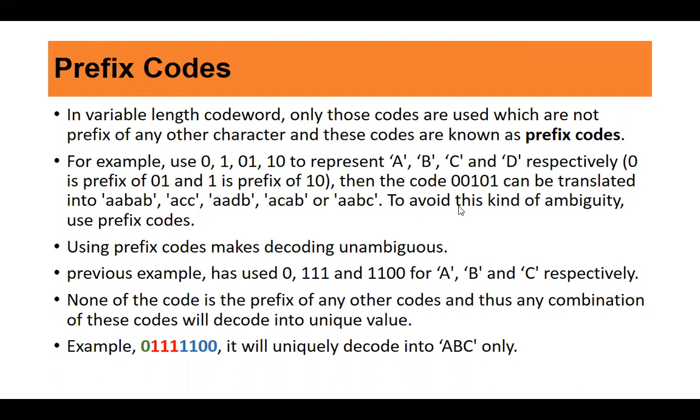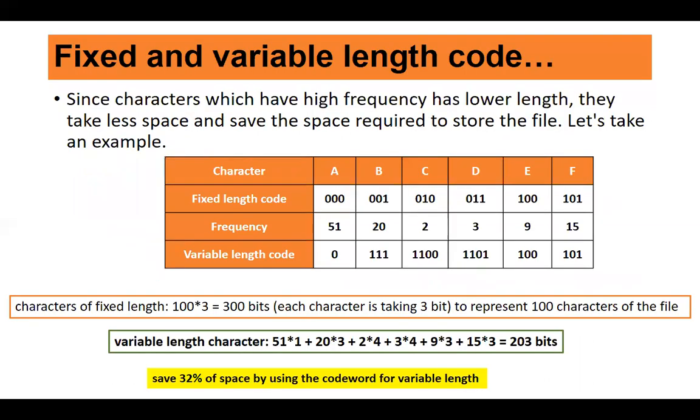So to avoid this ambiguity, we use prefix codes, right? So using prefix codes makes decoding unambiguous. For example, in the previous example, if you see, you don't use prefix codes here because you don't use a prefix of one symbol as another symbol. If you look at the previous example here, ABC, what we had, right? A is represented as 0, B is represented as 111, C is represented as 1100.